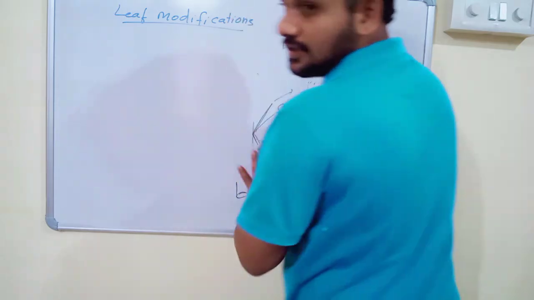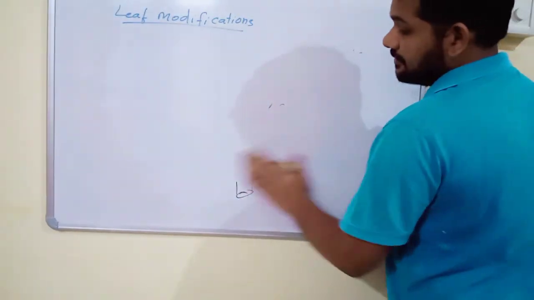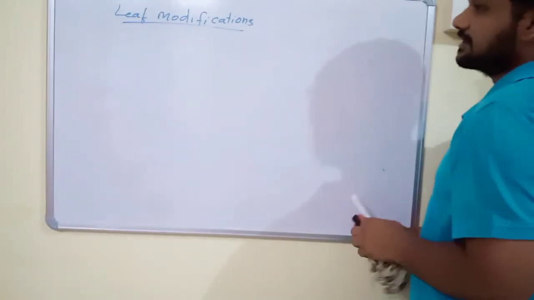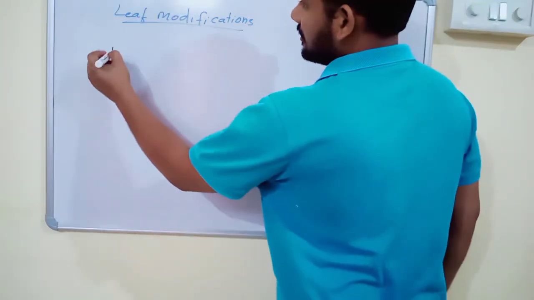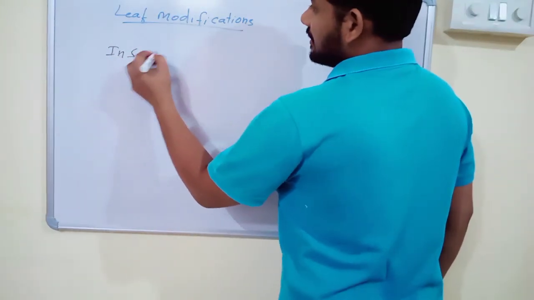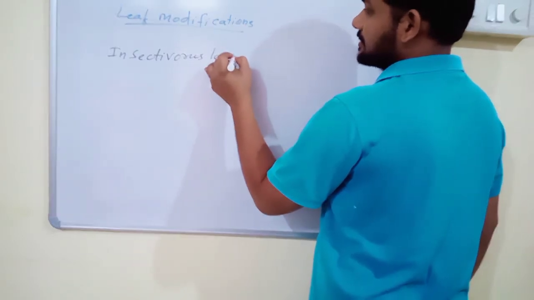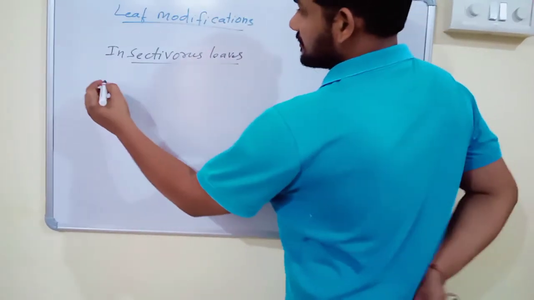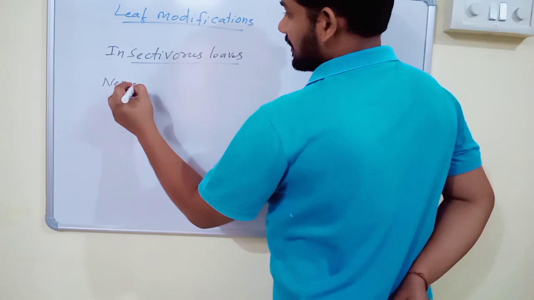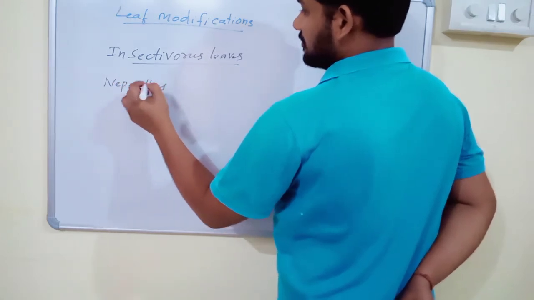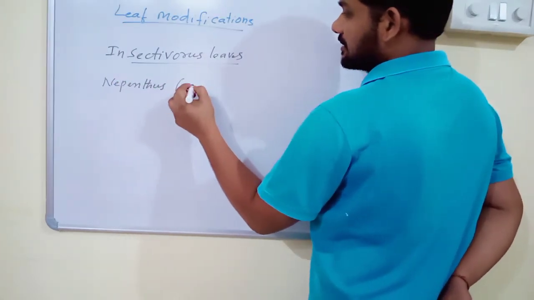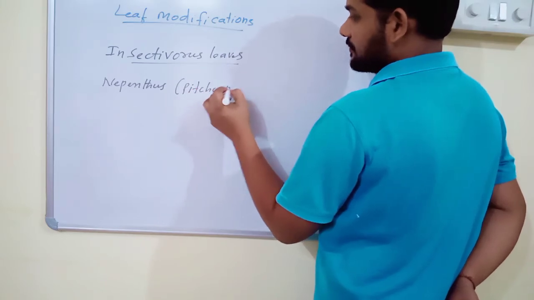And the next leaf modification is trap leaves, or they are also called insectivorous leaves. Insectivorous leaves are usually present in Nepenthes. Nepenthes is normally called the pitcher plant.